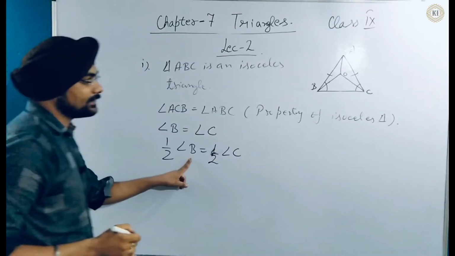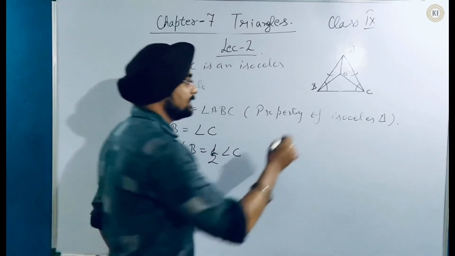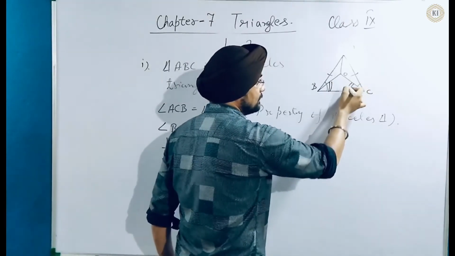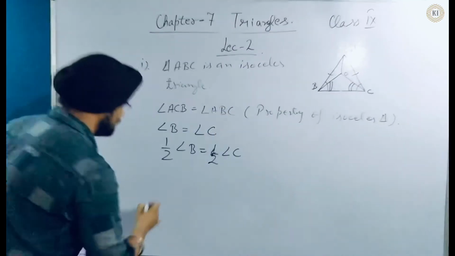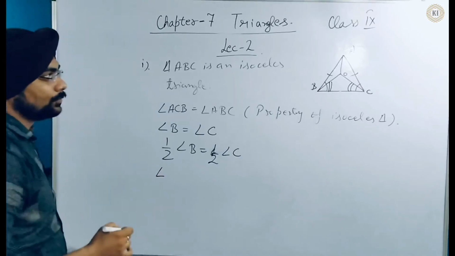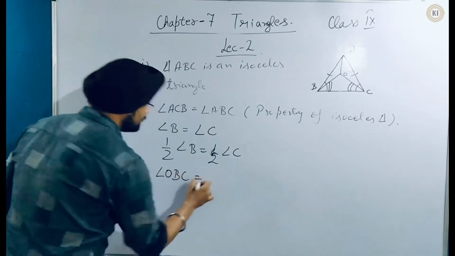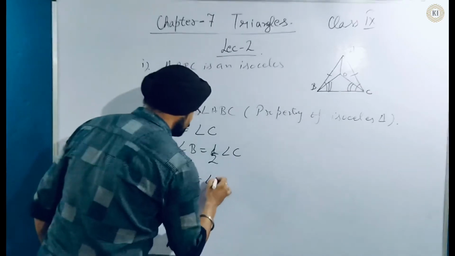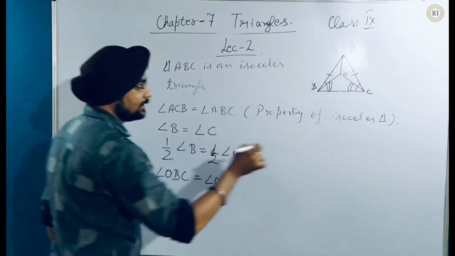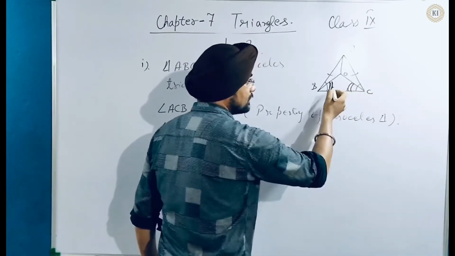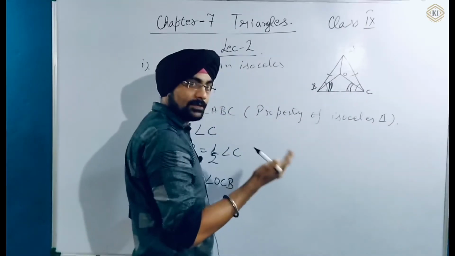Half of angle B means the bisector. Half of angle B is this angle and half of angle C will be this angle. So we can write angle OBC is equal to angle OCB. So these two angles are equal, and when these two angles are equal, their opposite sides will also be equal.